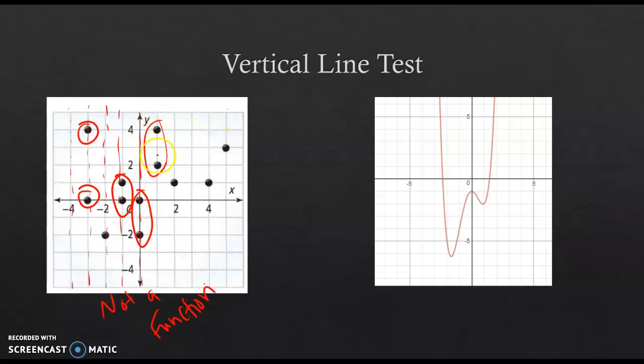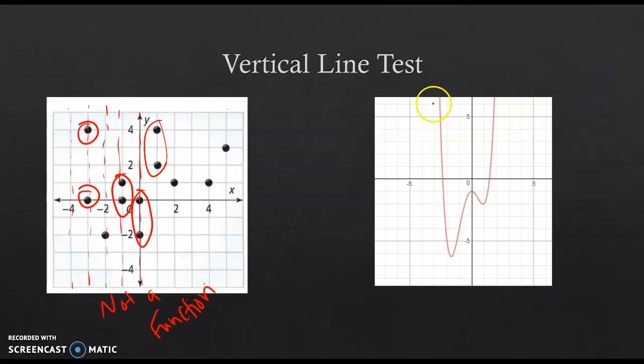Oh, see, there's another one. You technically don't need to draw them. I'm drawing them because that's the only way you can see where I'm checking vertical lines. In all of these instances that I circled, we crossed more than once, which means that our x values have multiple y values, making it not a function.